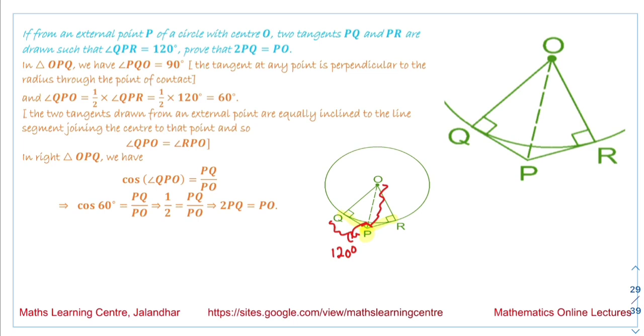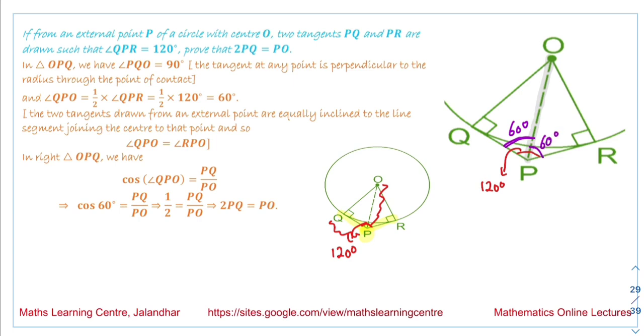So if we enlarge this figure and look over here, this angle at P is given to be 120 degrees. We know that if we draw a line from the center to the point P, from where we have drawn these tangents, then this is the angle bisector. It means this angle is 60 degrees, and this angle also is 60 degrees.